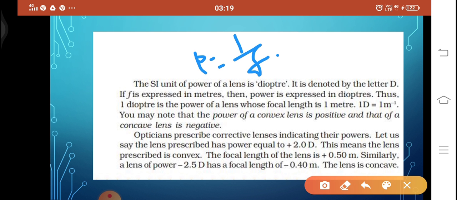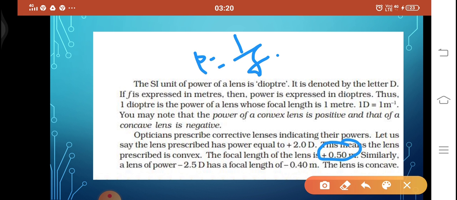Suppose a person is wearing spectacles of plus 2 diopter. Plus 2D means the power is plus, so definitely the person is using a convex lens, and the focal length will be 0.50. You can calculate that. How does this 0.50 come?